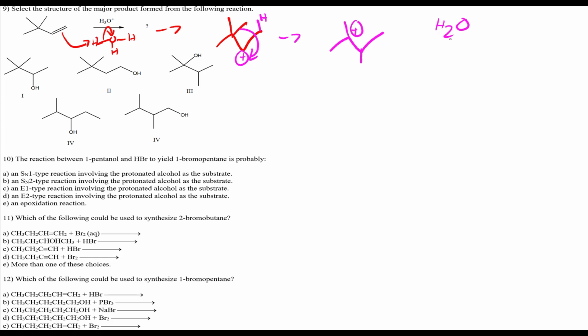And he can actually come in here. Now this oxygen has a lot of bonds, but one of these hydrogens can break off, creating just the alcohol.